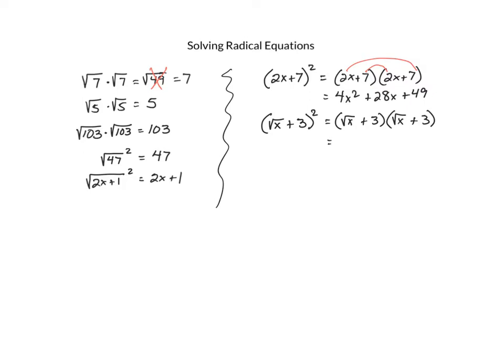So we would have square root of x times the square root of x, which is x. I would have the square root of x times 3 and another square root of x times 3, which makes the square root of x times 6, or 6 square root of x. And then we would have our 3 times 3, which is 9.